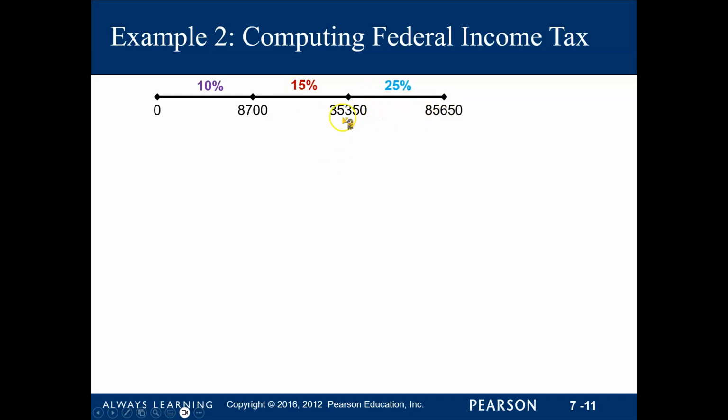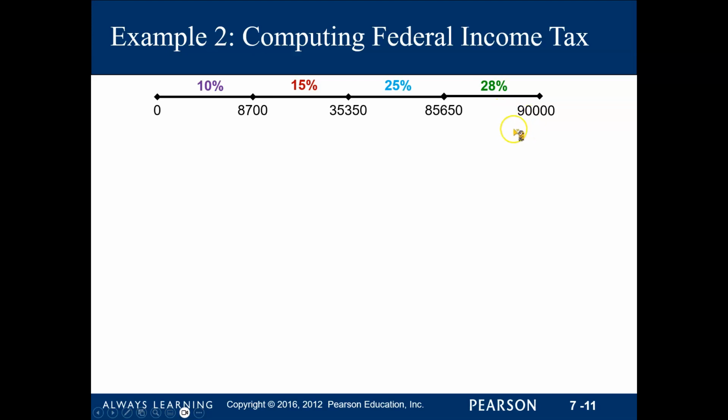The next group from 35,350 to 85,650 is taxable at 25%, and then from 85,650 up to the taxable income, that amount is subject to 28% income tax.